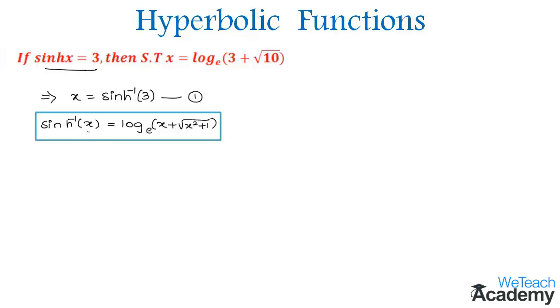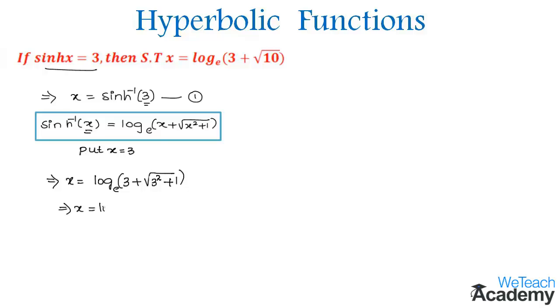By observing the formula, where we have x, and in equation 1 we have 3 in place of x, by just putting x equal to 3 and converting the inverse function in terms of log, equation 1 would become x equal to log 3 plus under root 3 square plus 1 to the base e.